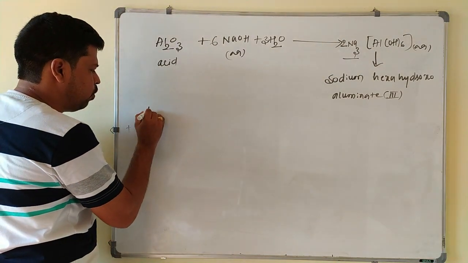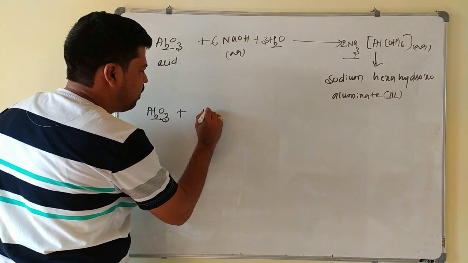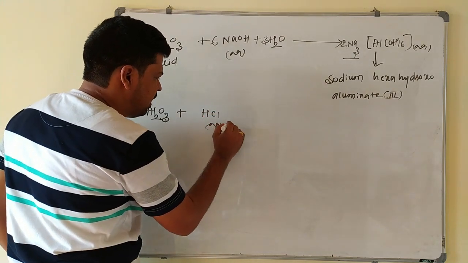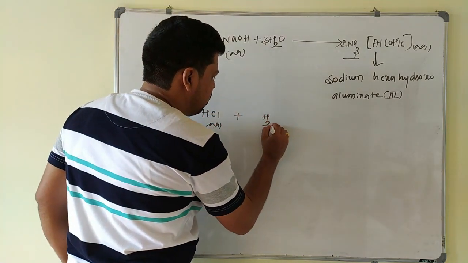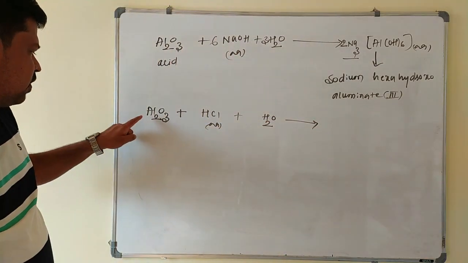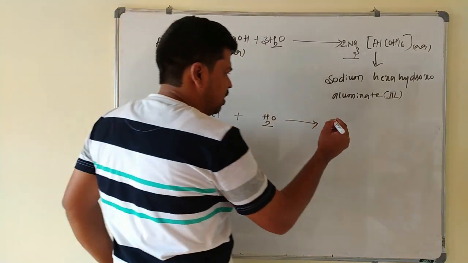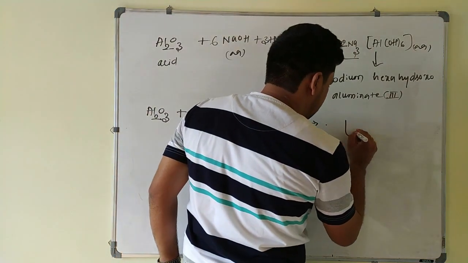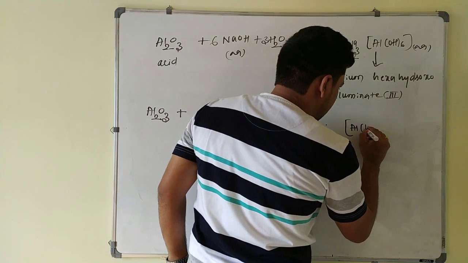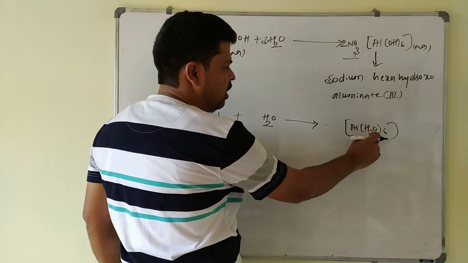So Al2O3, this on treating with aqueous solution of HCl. Aqueous solution means again in the reaction I will take water in order to balance the reaction. So here what happens, again it will form a complex with the water here. We will get 2 times [Al(H2O)6], so this is a neutral ligand here.